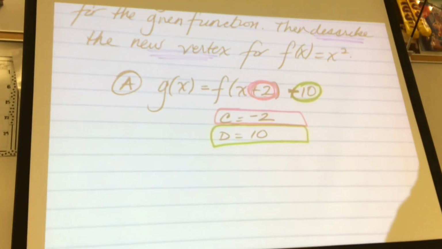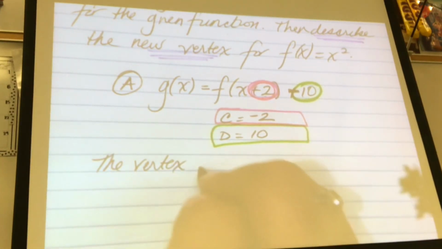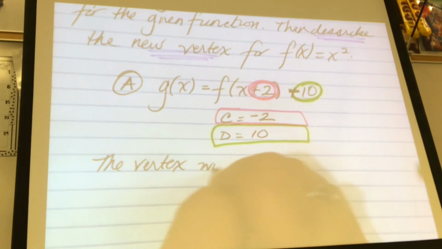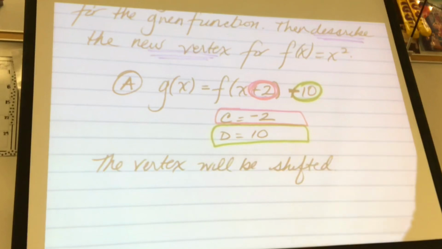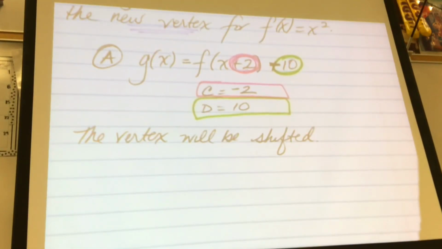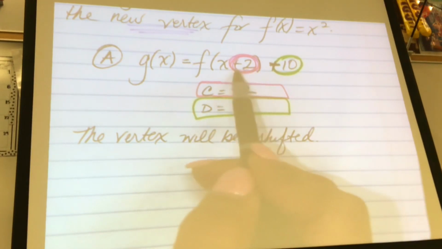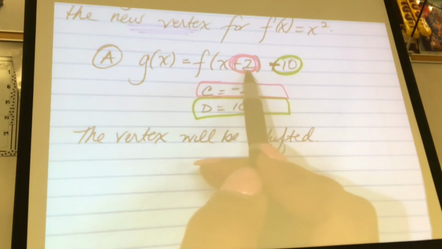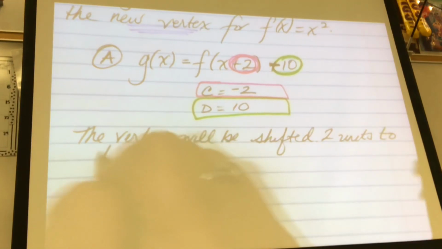So what I'm expecting you to do is say the vertex will be shifted how many units? Am I going to be shifting to the left or to the right? 2 units to the left. Vertex will be shifted 2 units to the left.